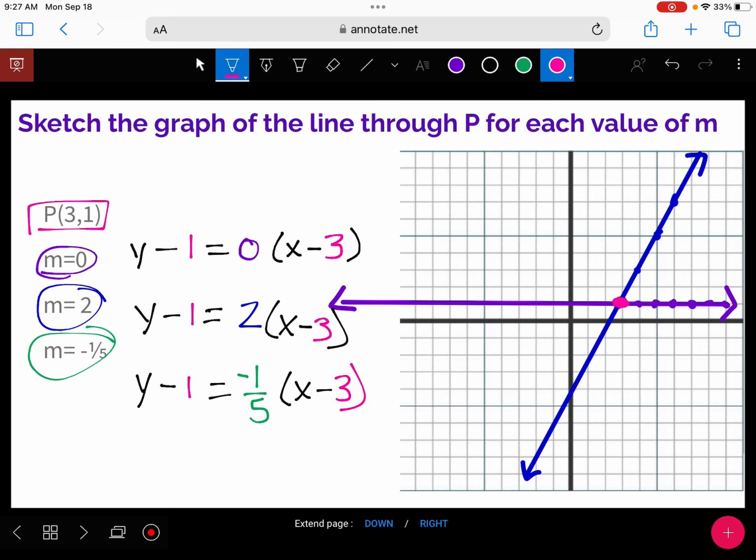And again, you could multiply this through and put it in slope-intercept form. Honestly, I think that's the hardest way to do it, is to multiply it out. I'm going to take my random point that we're starting at, this hot pink point. How do I move with my slope?